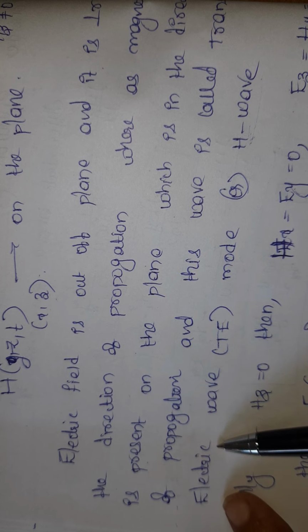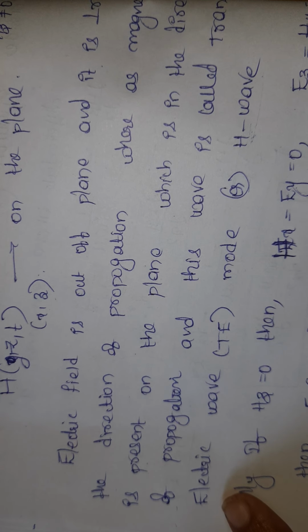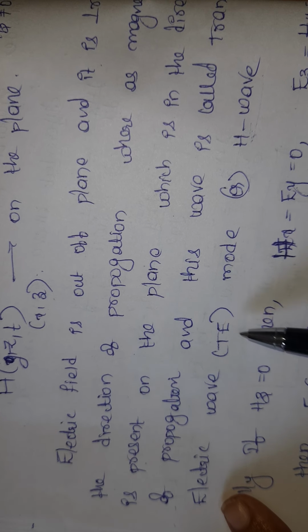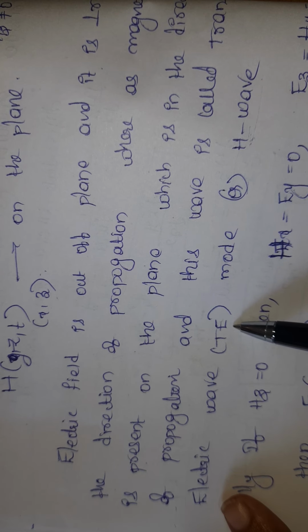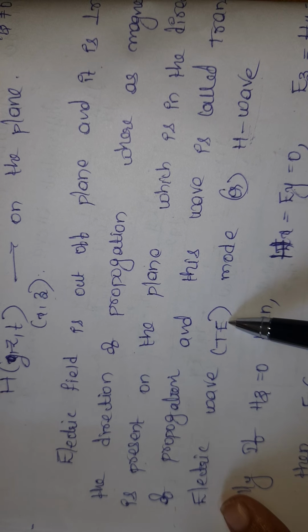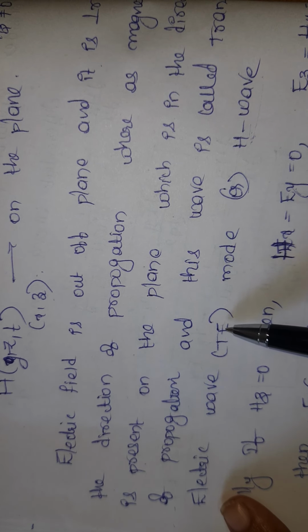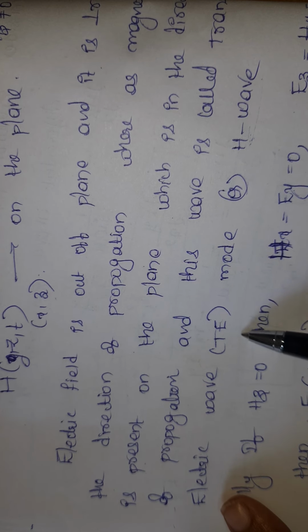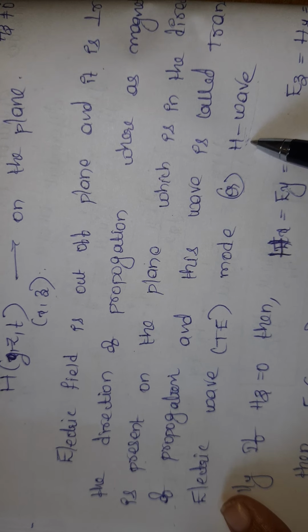So I can say that it is transverse electric. Transverse is nothing but a different direction, perpendicular direction. So the electric field is in the perpendicular direction to the propagation. That's why it is known as transverse electric wave, and it is H wave.